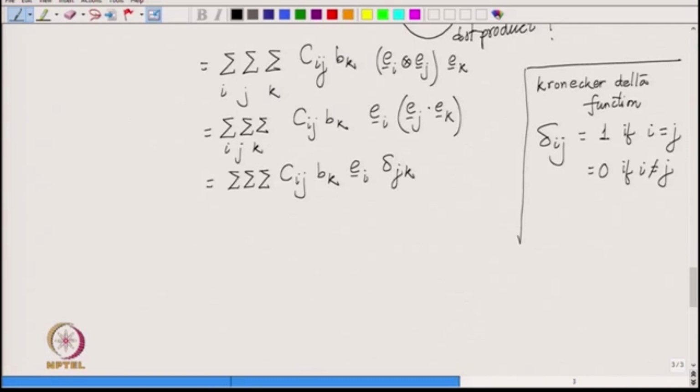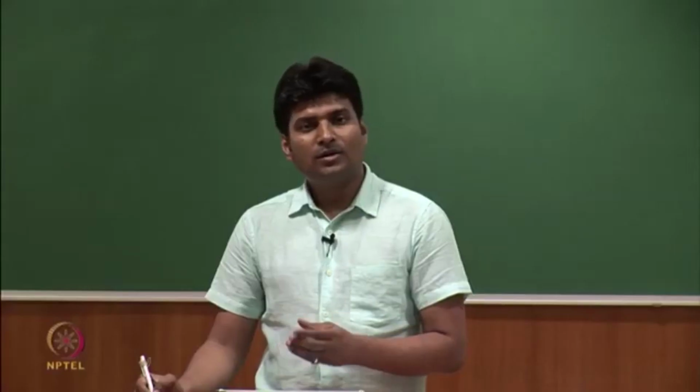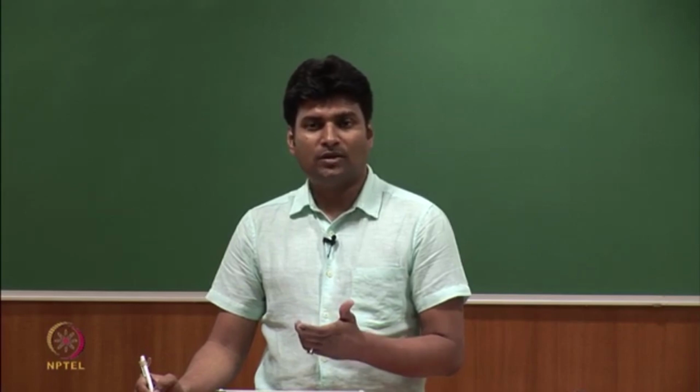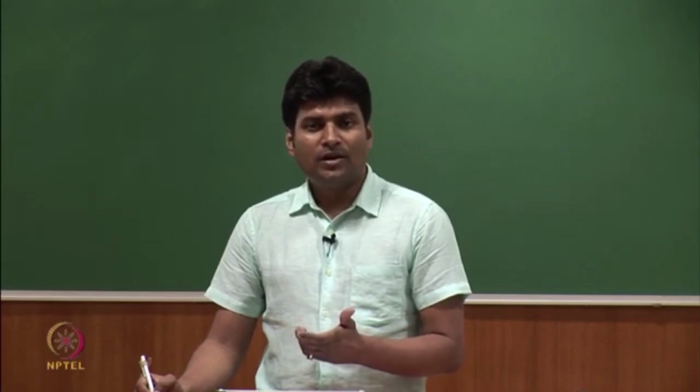And now, you have to see, as per the definition, if j and k are not the same, you get 0. So, think of a summation over k, where k goes from 1 to 3. That summation will give you a non-zero quantity only when k is equal to j, right.